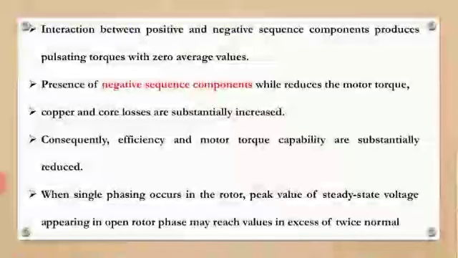When single phasing occurs in the rotor, the peak value of the steady state voltage appearing in the open rotor phase may reach a value in excess of twice normal, meaning considerably higher values.